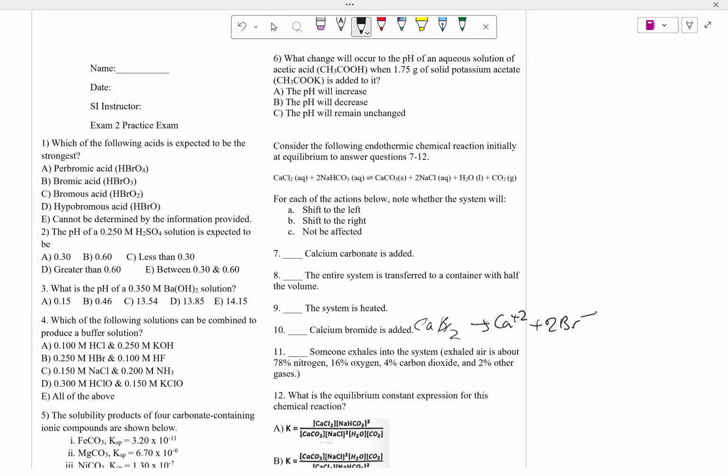Now, why that's important is that on the reactant side, we have calcium chloride, right? And it's also aqueous, so it's actually Ca2+ plus 2Cl-. And so if we're increasing the Ca2+ ions, we're increasing the Ca2+ in the reactants. Because you're increasing something in the reactants, you're going to shift the reaction to the forward direction, right? So this is going to shift right. So the answer here would be B.